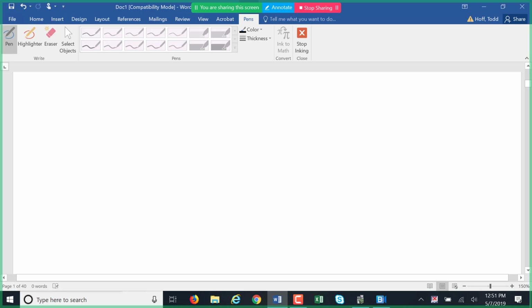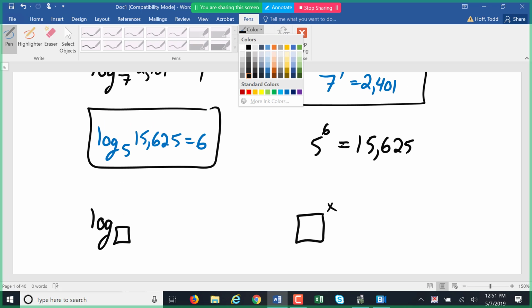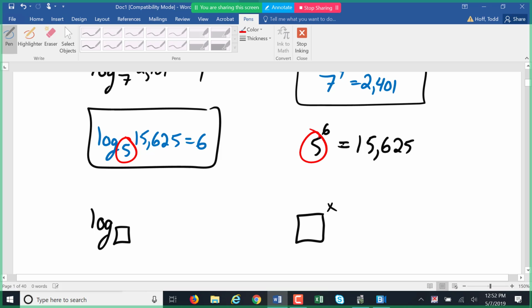So the relationship between these logs and our exponents, obviously it deals with this base here, right? If the base of the log is the base of the exponent, which is what we saw up here, the base of the log was the base of the corresponding exponent, then they are related.